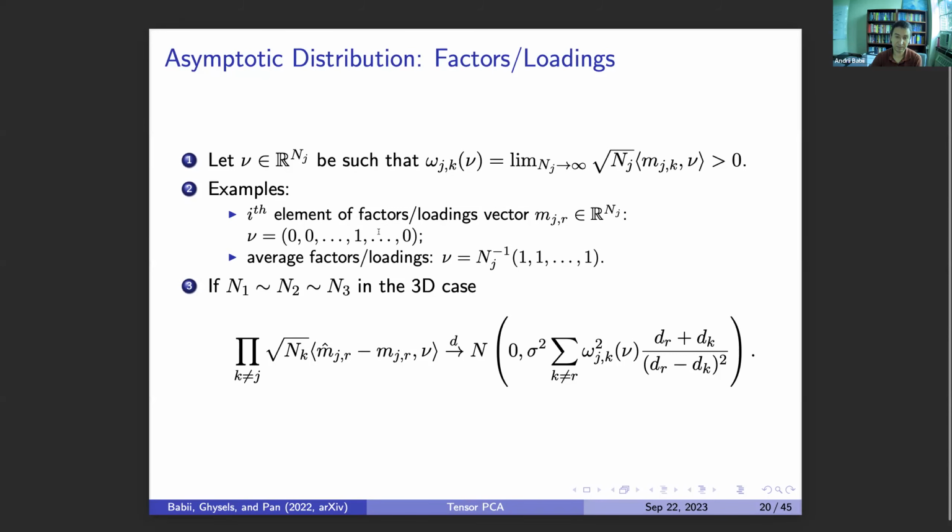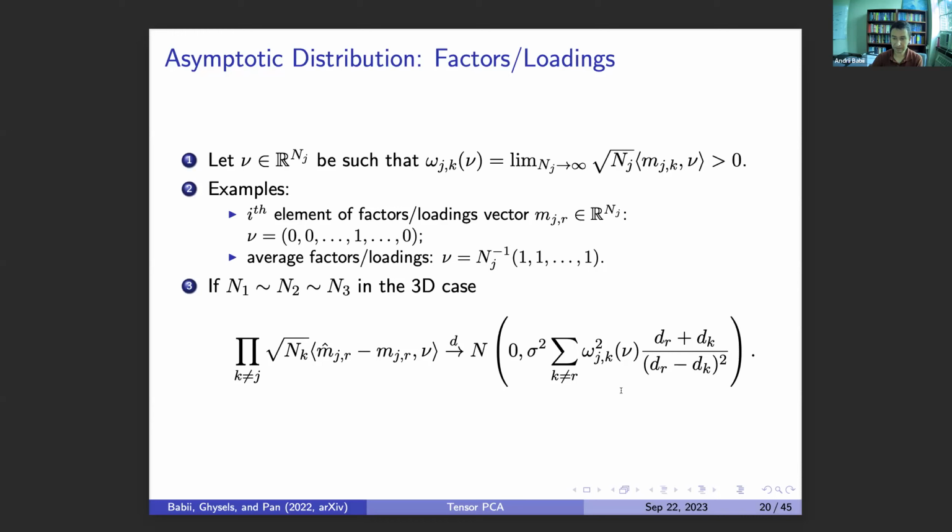But we can have some other inner products. For example, if you have nu equal to 1 over n_j at all entries, we would take the average factors or average loadings. And we have the asymptotic distribution for these inner products, where the normalizing sequence would be the product of the square root of all dimensions except for the dimension j. The dimension j is the one for which we estimate the factor or the loading.